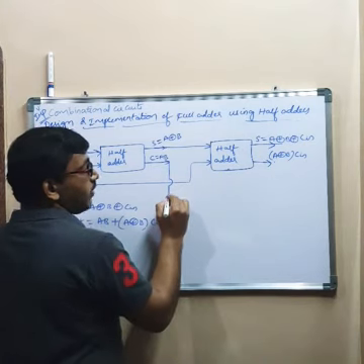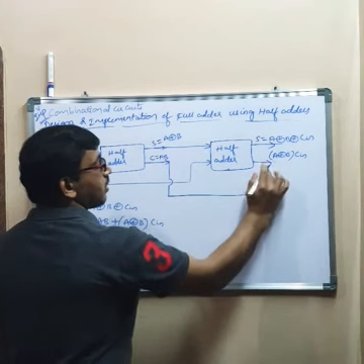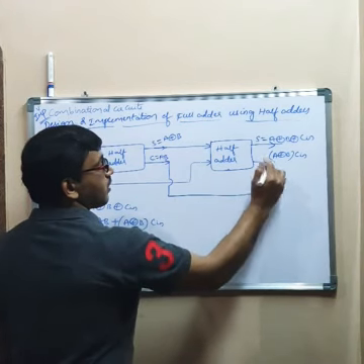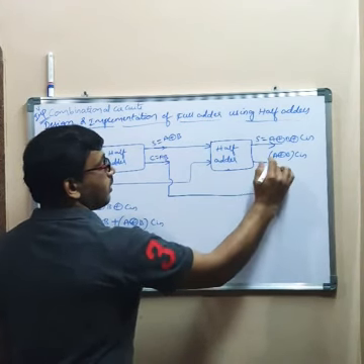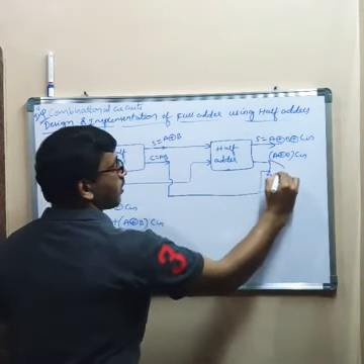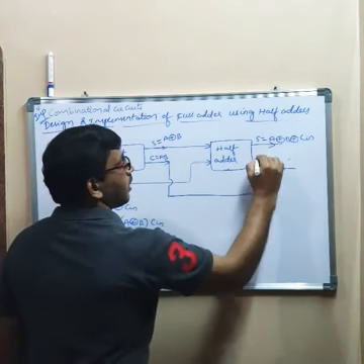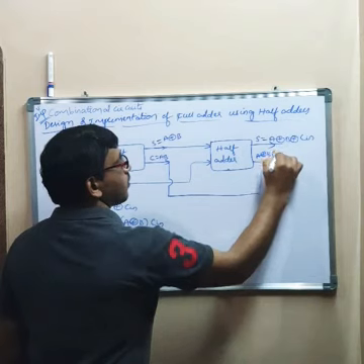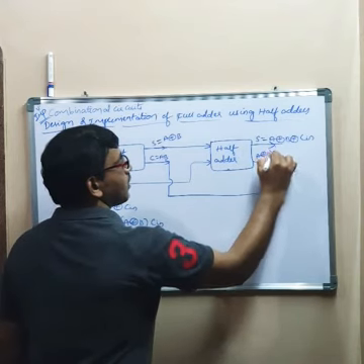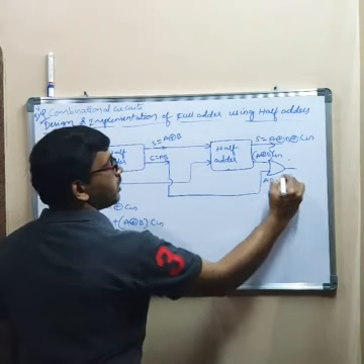What I will do here is take these two and give them to an OR gate. So this one is (A XOR B) into C in, and this one is AB.